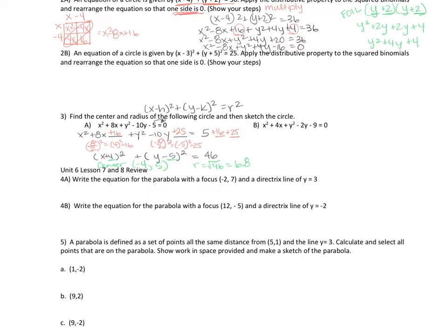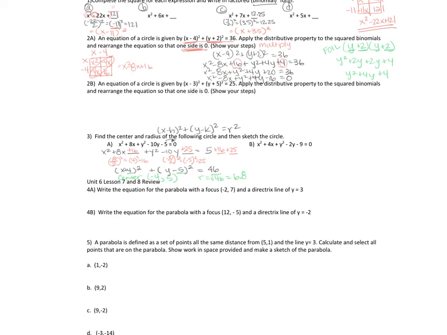So I'm going to try sketching this circle. If I draw a little XY axis out to the right, you'll notice that my center is negative 4, 5. So over negative 4, up positive 5. And I have my center. And then my radius is around 6.8. That's almost 7, but not quite.